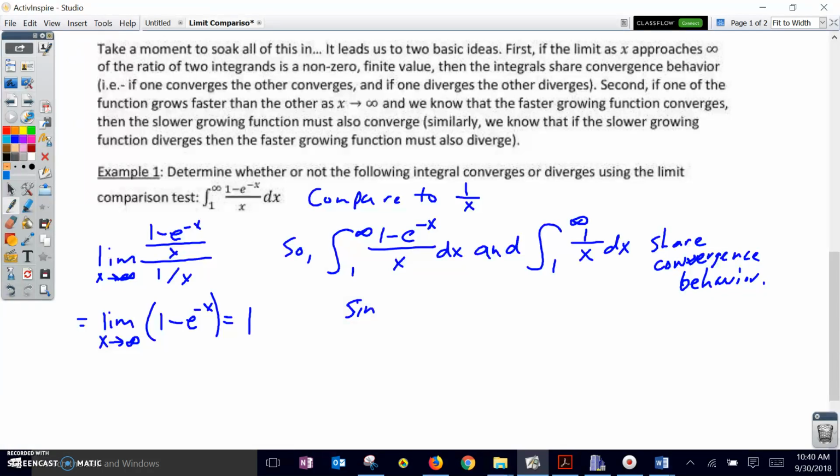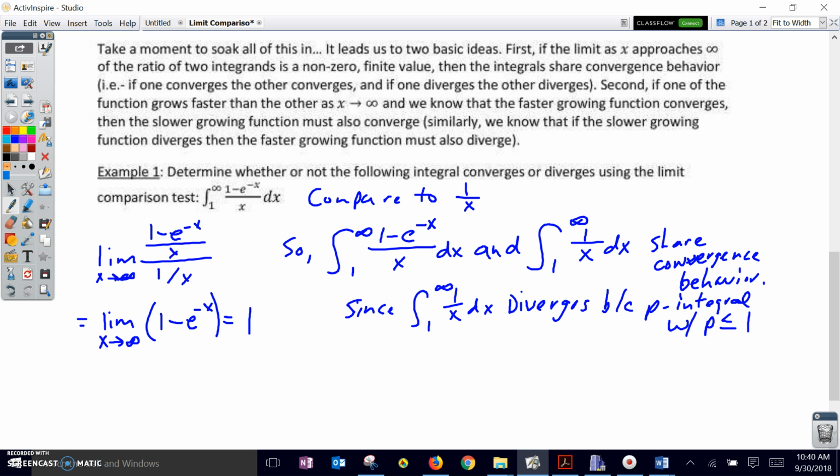Since the integral from 1 to infinity of 1 over x dx diverges, because it's a p integral with p less than or equal to 1, the integral from 1 to infinity of 1 minus e to the negative x over x dx also diverges by the limit comparison test.